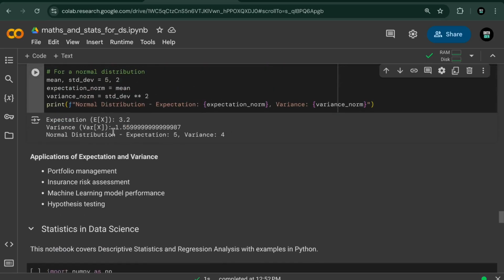The applications of expectation and variance are in portfolio management, insurance risk management, machine learning, hypothesis testing, and so much more. And these are things that data science is being applied to every other day.